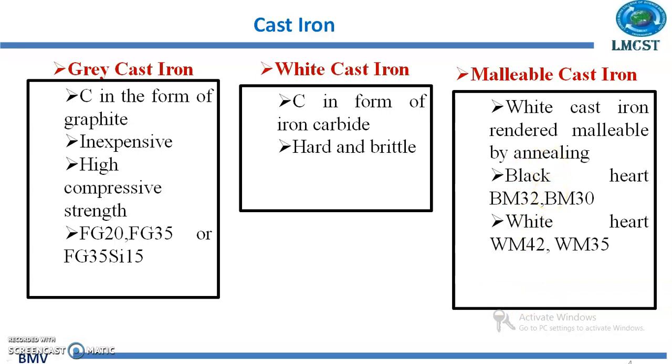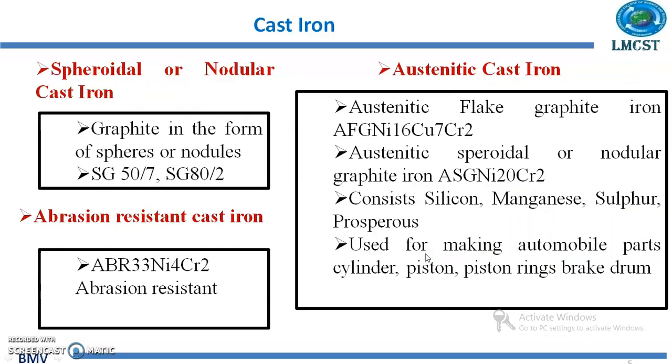Depending upon the processing method, they are designated as black heart or white heart. That is, black heart means BM32 or BM30, and white heart is WM42 or WM35. Now we have spheroidal or nodular cast iron.